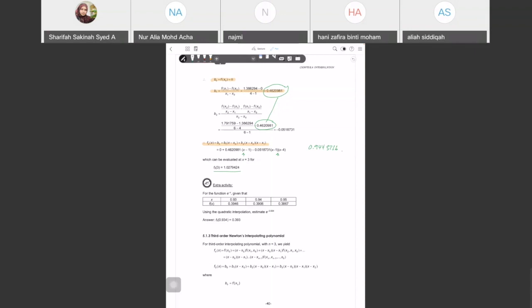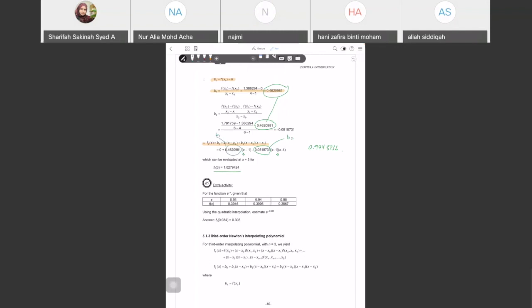So please double check your calculations again. I think the problem is in your b2. Your b2 is not the same. Yes, Alia mentioned your b2 is wrong. Okay, good. So this is your b2 and this is your b1.